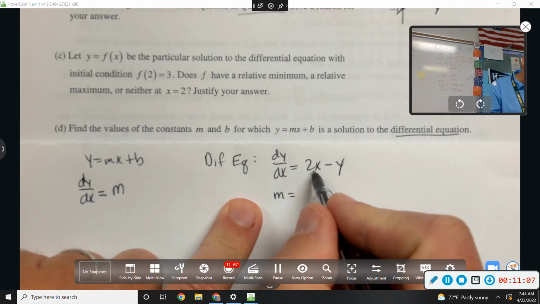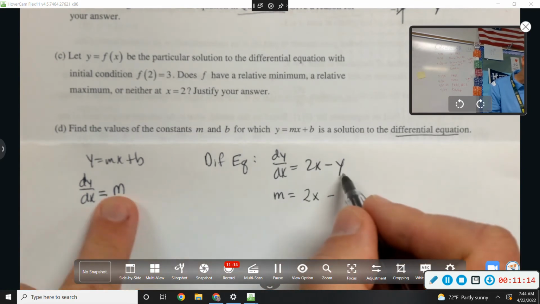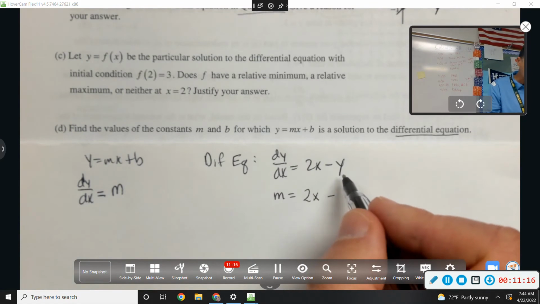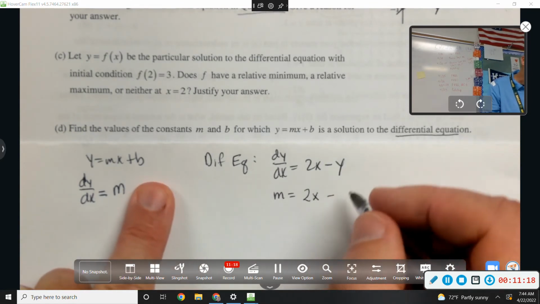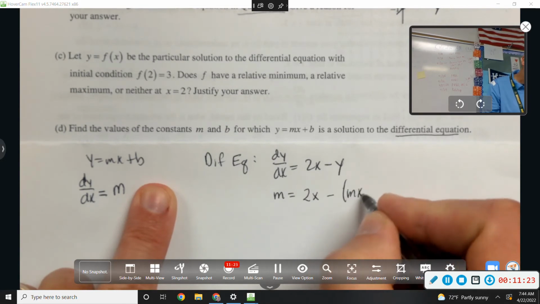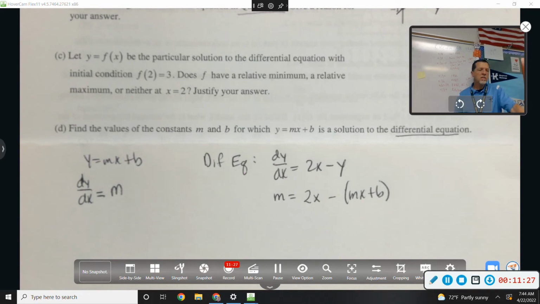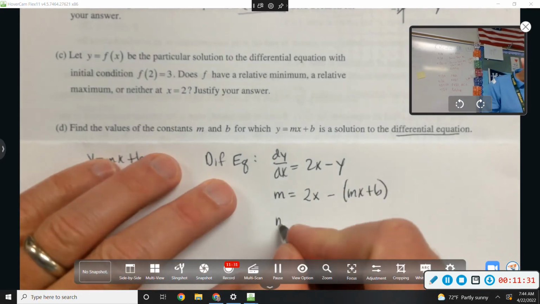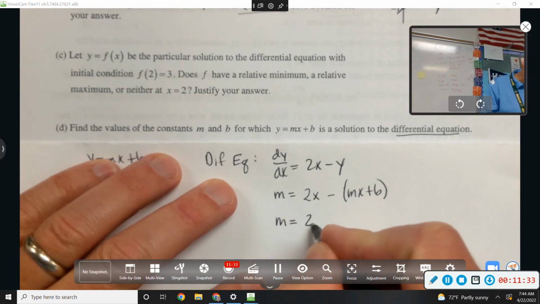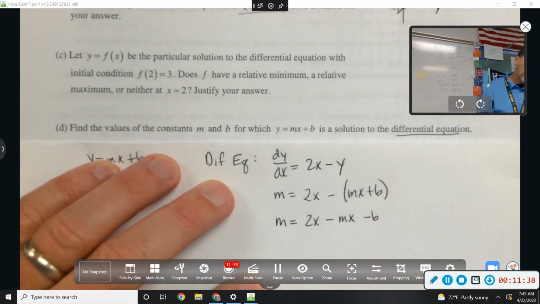2x, I don't know that I have an answer for what x is. I do have an answer for what m is. y equals mx plus b. So let's see, m equals 2x minus mx minus b.